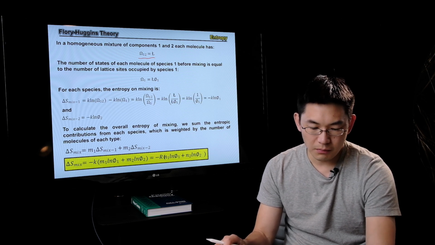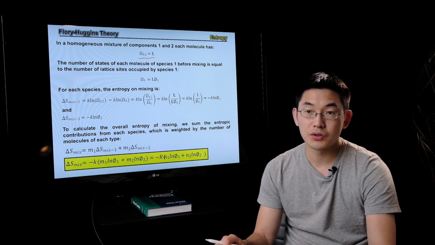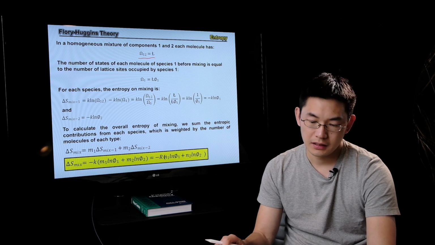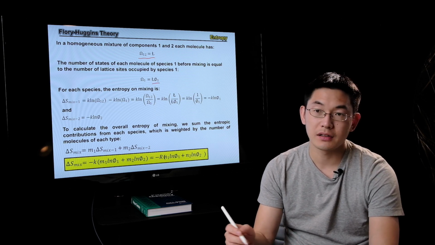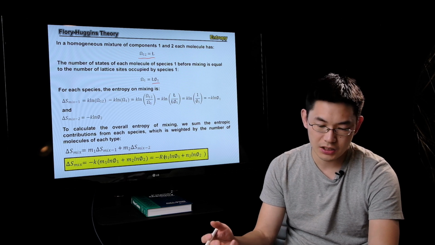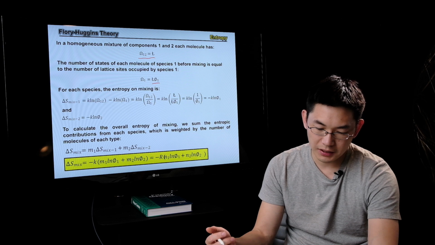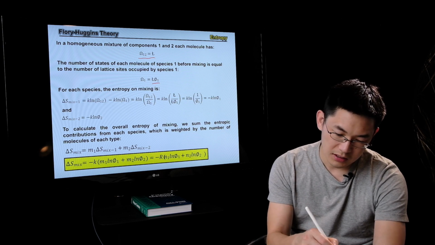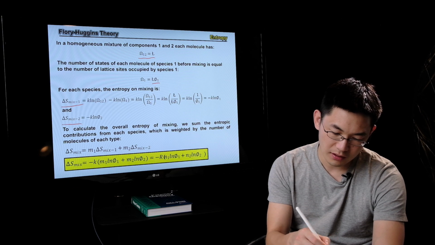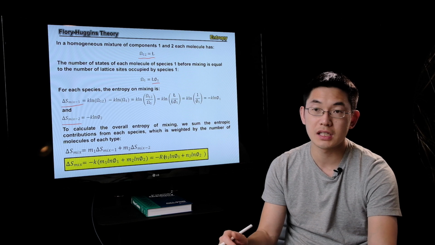But the number of states for each molecule of species 1 before mixing is related to how much is occupied, right? So L prime multiplied by phi 1 tells you how many sites you would have. Now, if you look at this, we can compute delta S1 and delta S2 for the two different components, and how they depend on the different states.